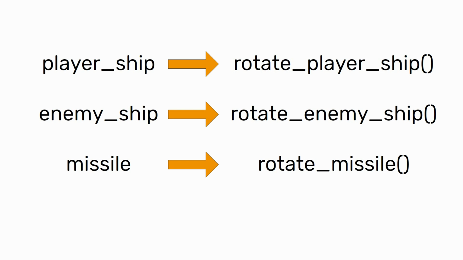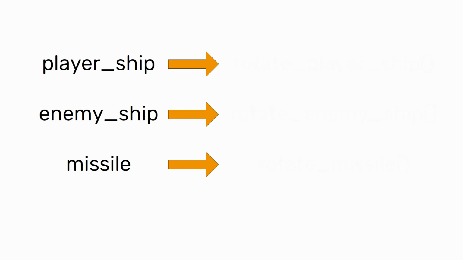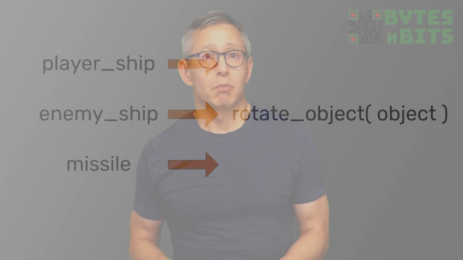But each of these functions would be basically the same code repeated multiple times, and this isn't good coding practice. So we want each operation to be handled by a single helper function, which will be able to work with all our objects. For example, we want to create a rotate object function into which we can then pass either a player ship or an enemy ship or whatever. And this should then work out those calculations based on whatever we supply it.